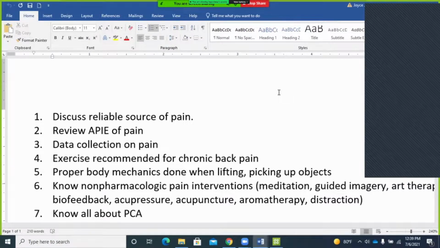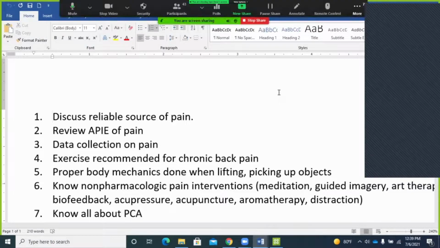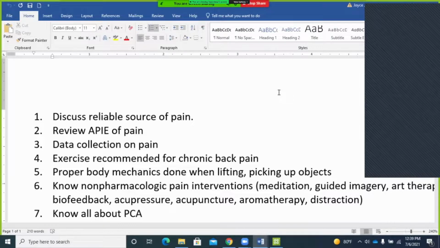Nurse Linda, I'm in pain. So you want to assess me first, right? You want to assess me before you go to your PRN medications. So always follow the nursing process, right? That's the nursing process. You want to ask me first.